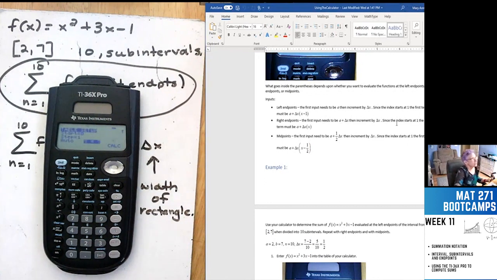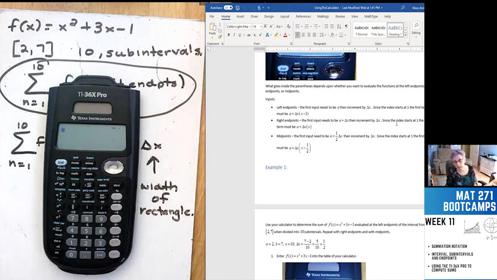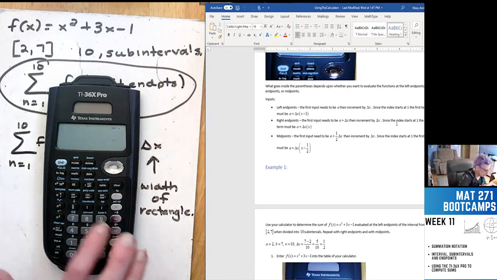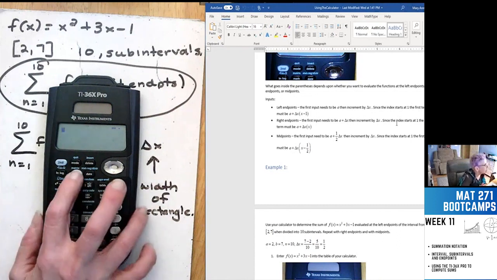Hit enter. You're going to be on the next screen. You can't go directly to doing your sums. You have to hit second quit and get out of there. So you have to exit the table screen. Then you're going to press the math button. It lives right here below mode.